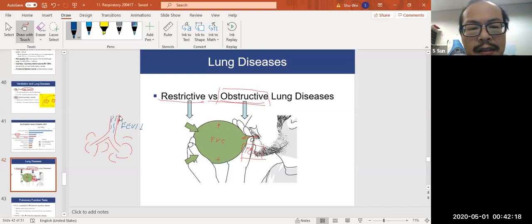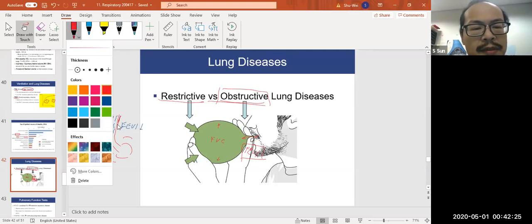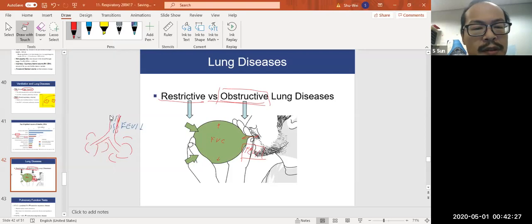In the bronchi or trachea, we have this smooth muscle, which forms the muscle to control the diameter. It's very much like the blood vessel, controlling the diameter of this airway.